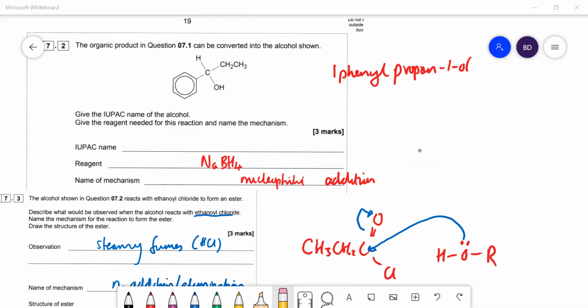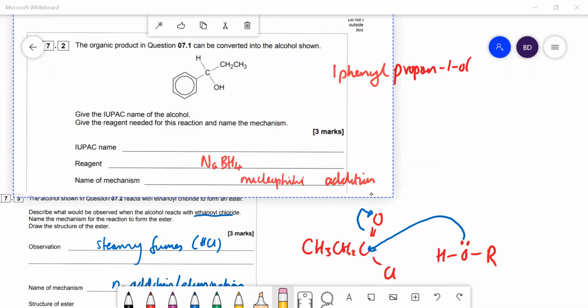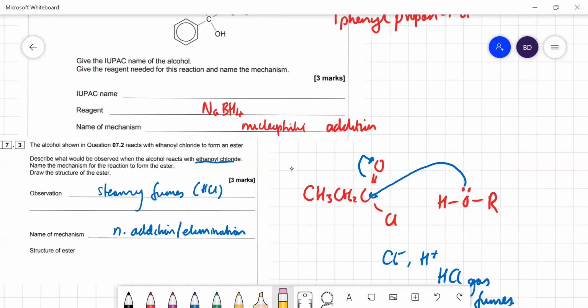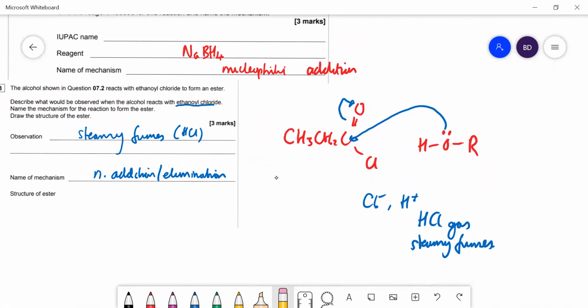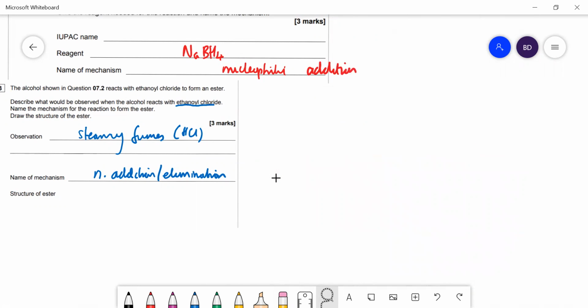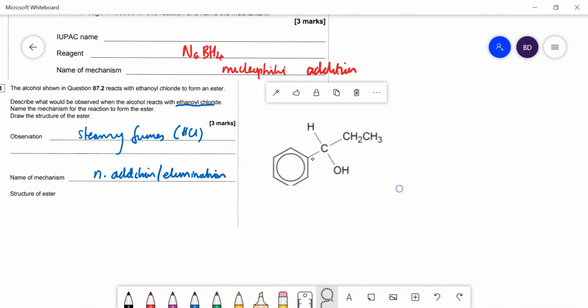There's the alcohol. And we want that to react with propanoyl chloride. Let's rub this out here. There's our alcohol. Right, propanoyl chloride looks like this.